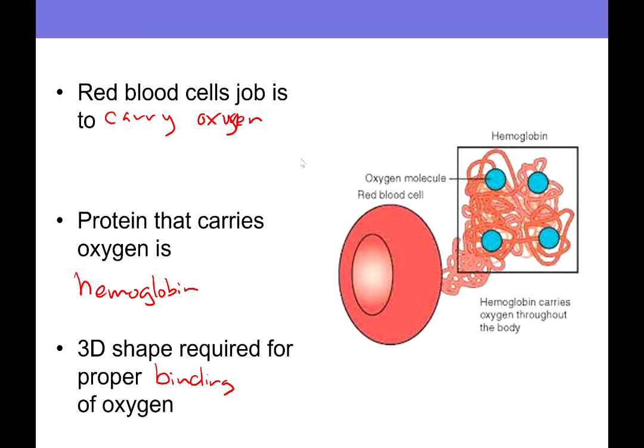So remember, we had those 4 chains in hemoglobin, the 2 alphas and the 2 betas. That three-dimensional shape is necessary for oxygen to be properly attaching and being carried by the hemoglobin to the rest of the body.